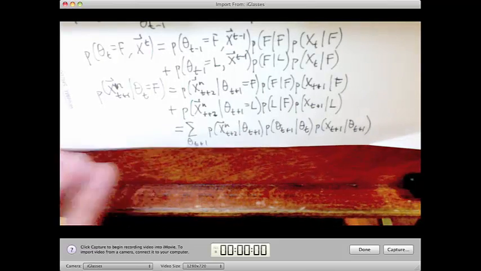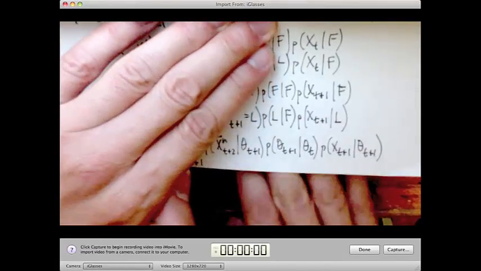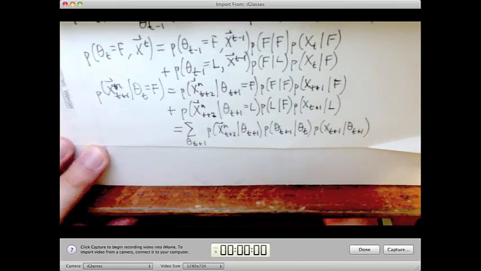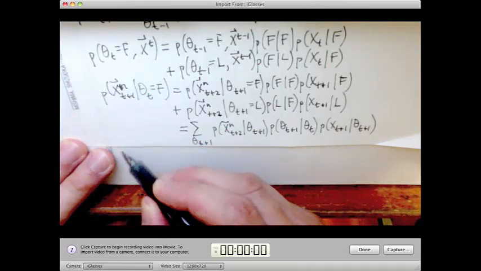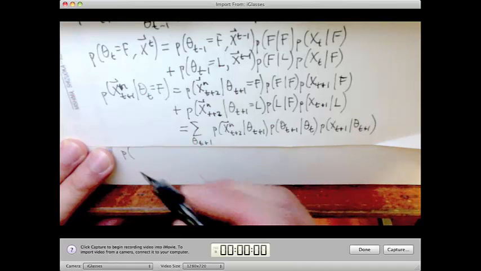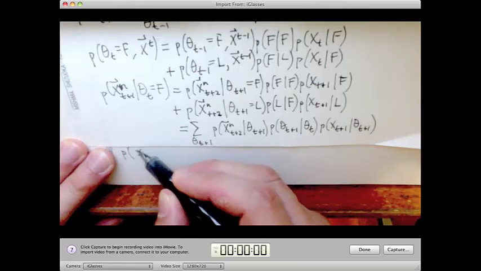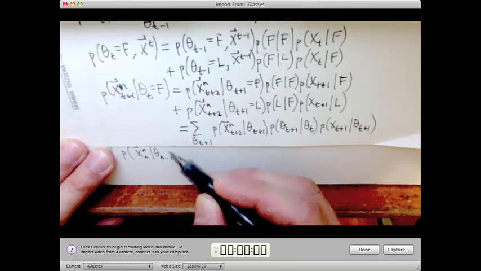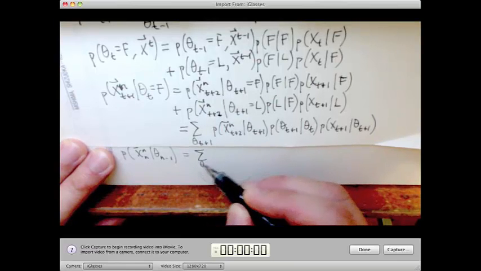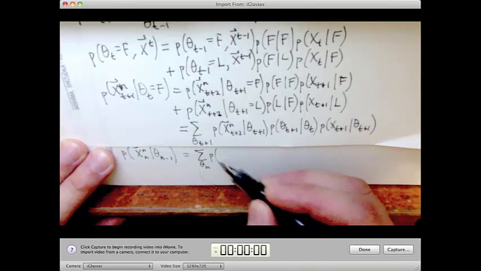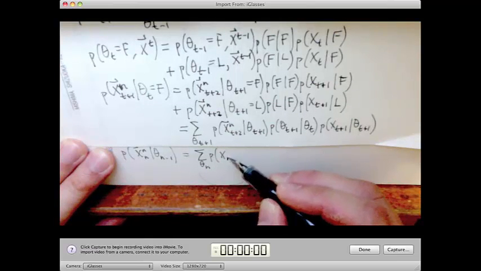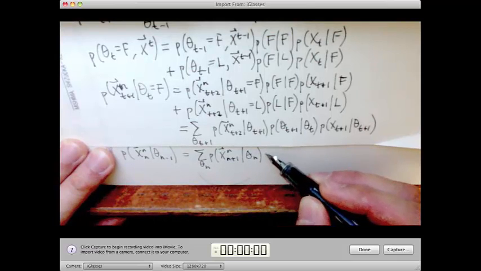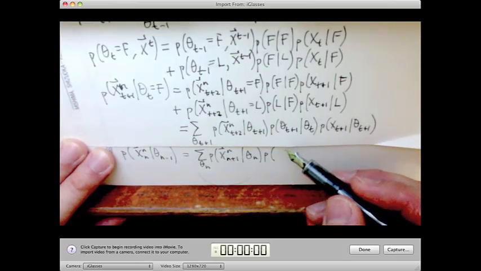So if we had t equal to n minus 1, then we would be writing p of x from n to n given theta n minus 1, summation over theta n. I'm just plugging in n minus 1 for t here.